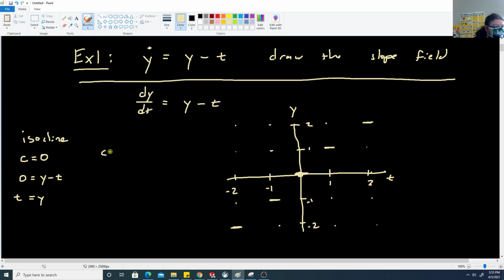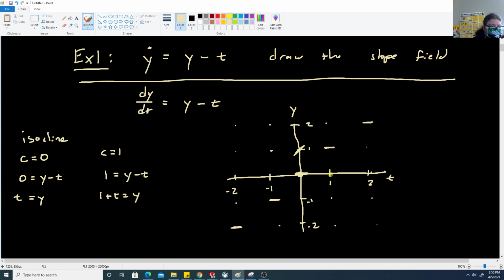If we said, well, what about c equals 1? The slope is going to be 1. That'll equal y minus t. So we can add the t across and say 1 plus t is y. So anytime your y value is 1 bigger than your t value, that will have slope 1. Here my t value is 0, so when my y value is 1 bigger than 0, which would be here, 0, 1, my slope is 1.